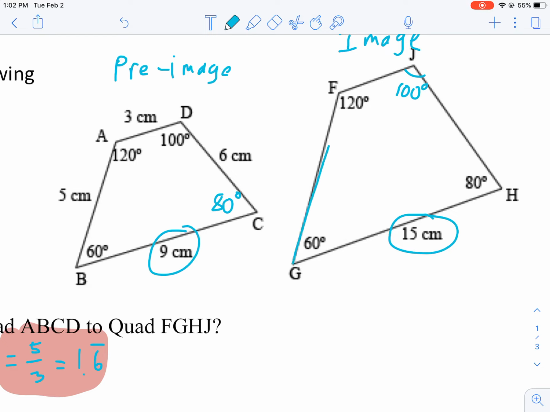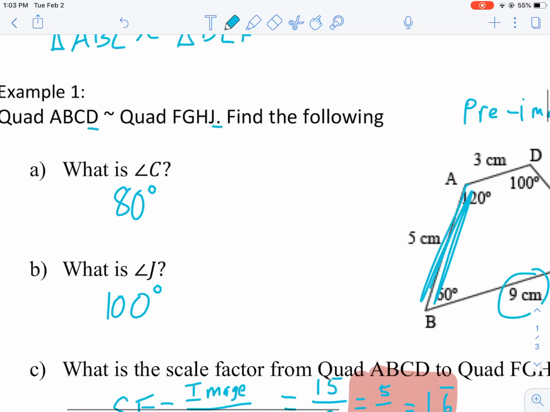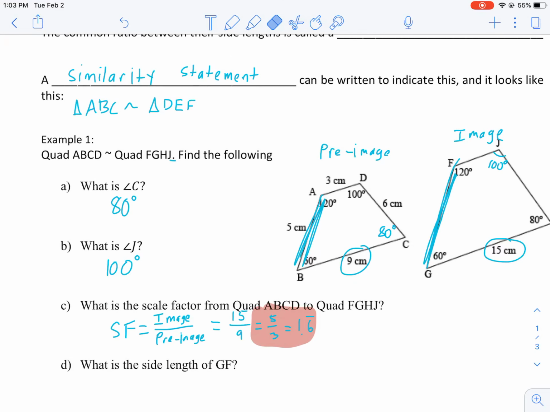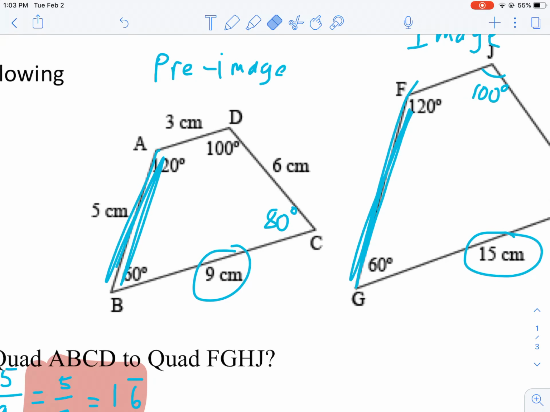So GF is this side right here, and that side matches up with AB. And again, you can always tell this by here if you're not sure. AB matches up with GF, okay? So what we're going to do is multiply your pre-image side by the scale factor to get your image, okay?